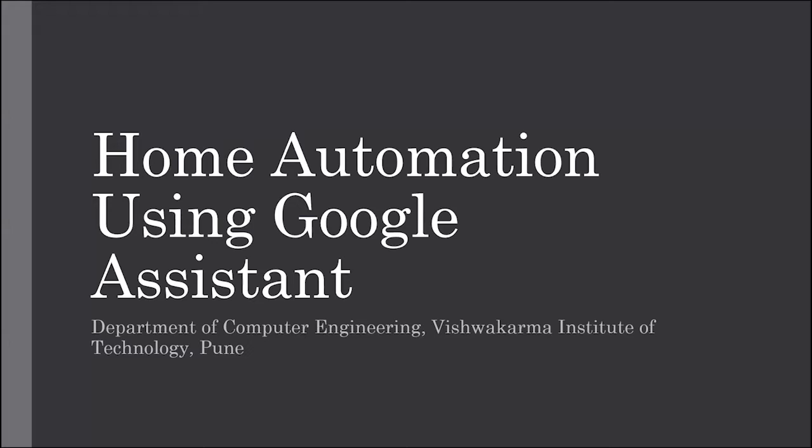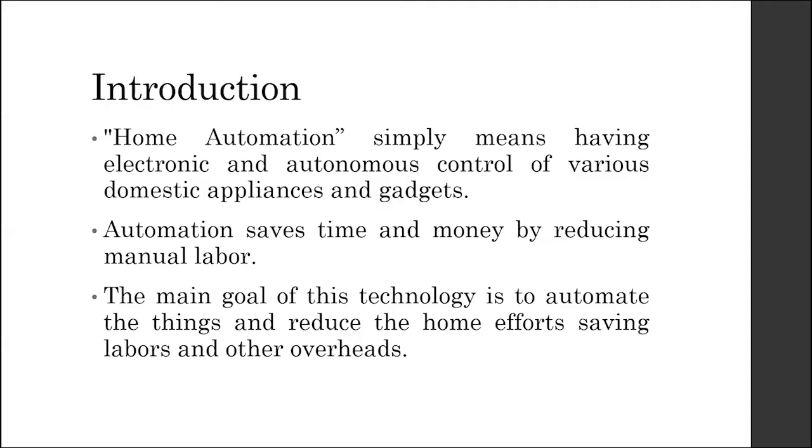Introduction. Home automation simply means having electronic and autonomous control of various domestic appliances and gadgets. Automation saves time and money by reducing manual labor. Our main aim is to help elderly and sick people because they are unable to always get up, and also people who are very busy in their professional lives.